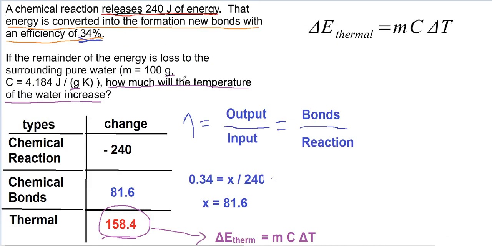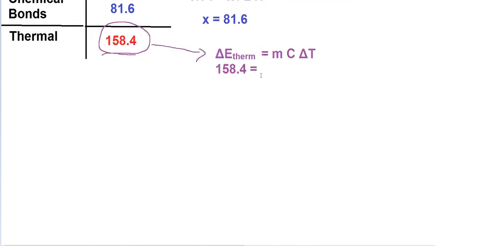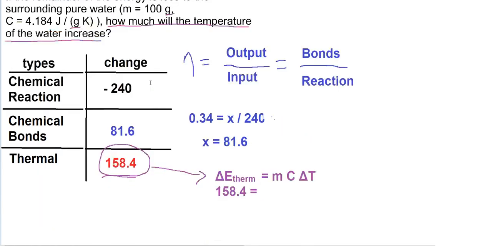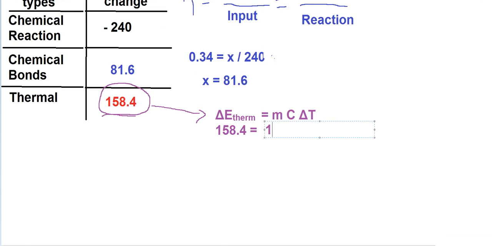So these will cancel out and we can just use the numbers. So here our mass is 100 grams, and our heat capacity is 4.184. Now, once you have this, you can rearrange and solve for delta T.